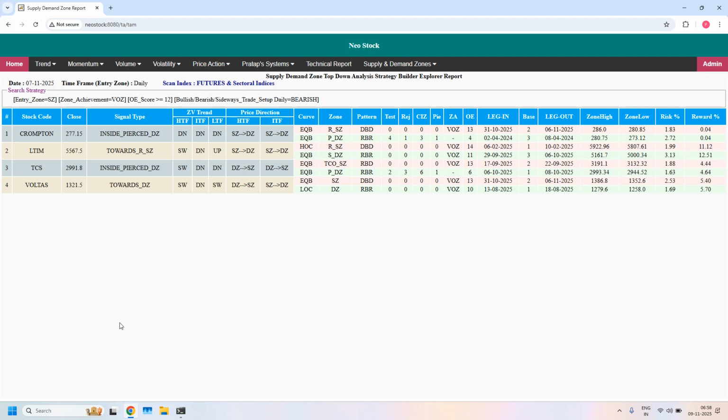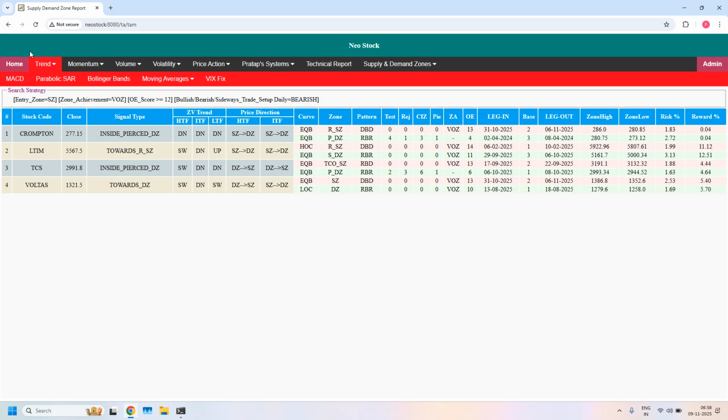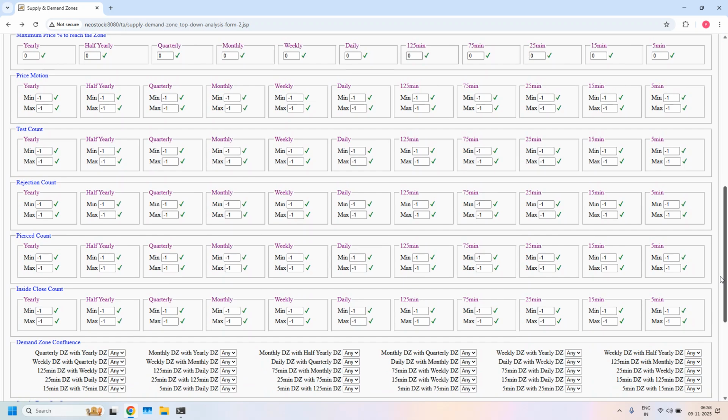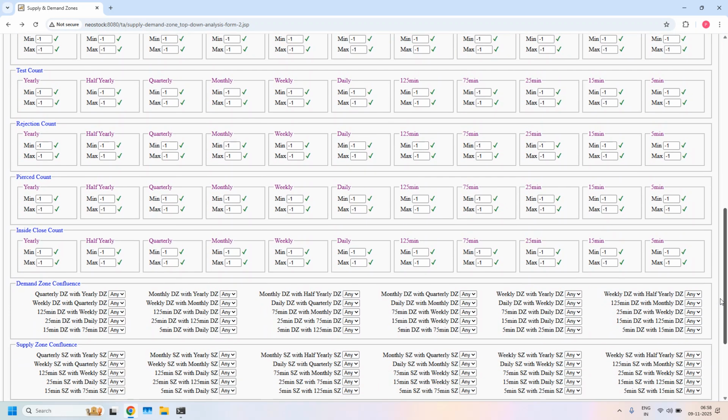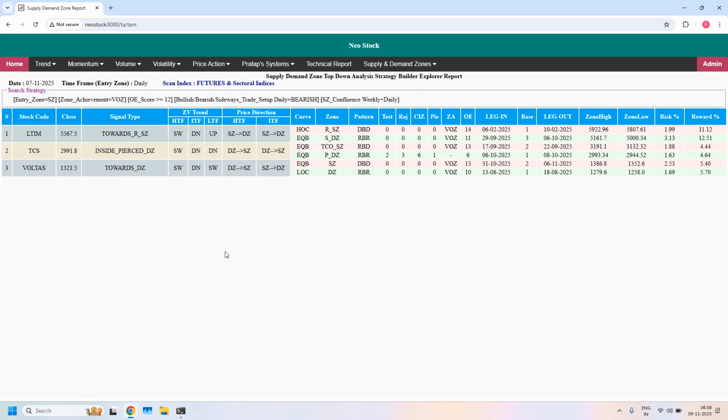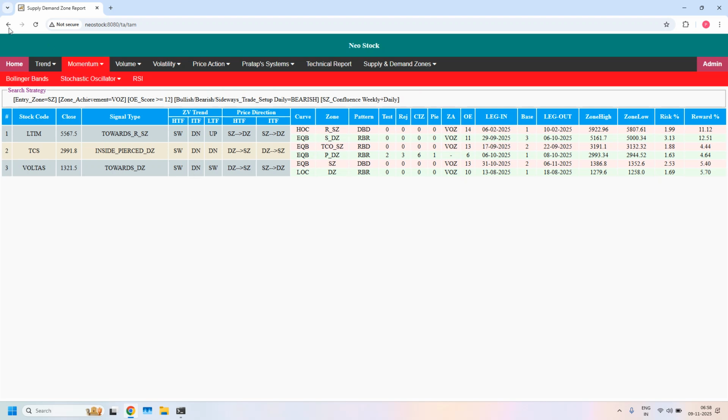So based on the 2 strategies you learned in lesson 27, first strategy I am applying step by step. First strategy, first step, LTF and ITF supply zone confluence, that is daily and weekly supply zone confluence. Out of 4, we got 3 stocks. And in these 3, ITF trend is downtrend, that is weekly trend.